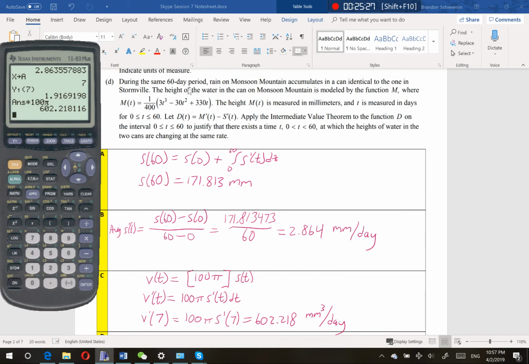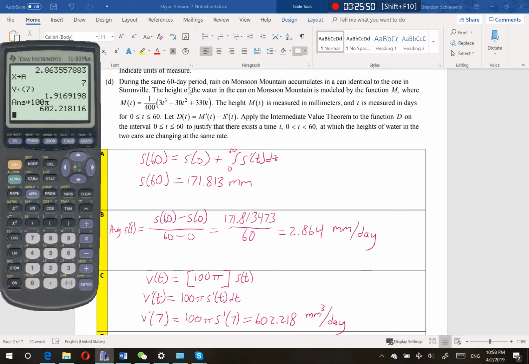We have a new function d of t, which is equal to m prime minus s prime. I want to apply the intermediate value theorem to our new function d on the interval from 0 to 60 to justify that there is some time t from 0 to 60 at which the heights of the water in the two cans are changing at the same rate.